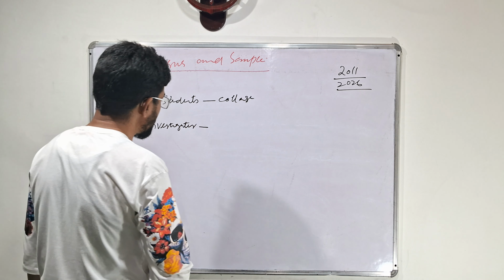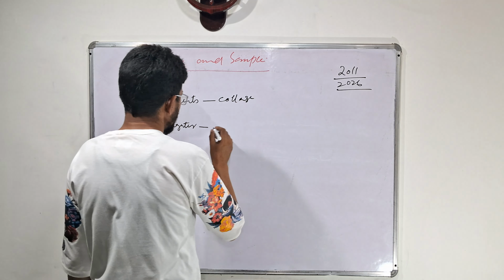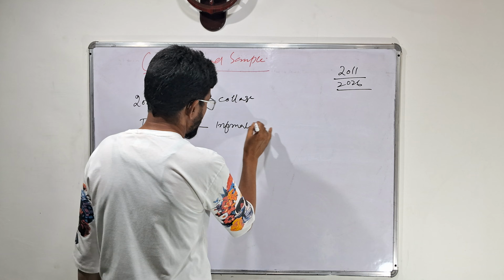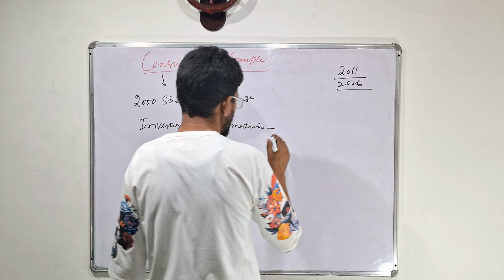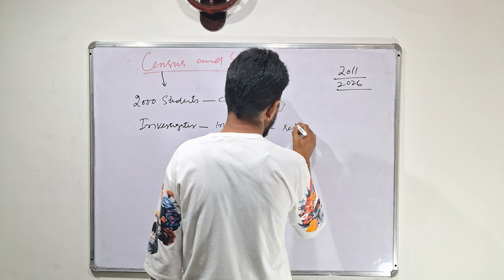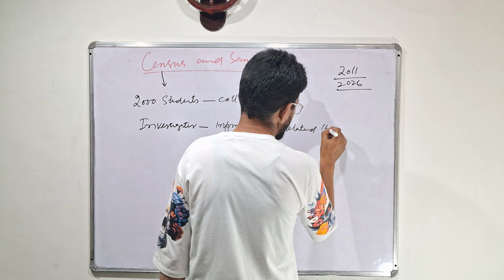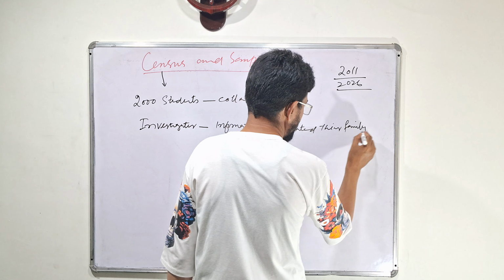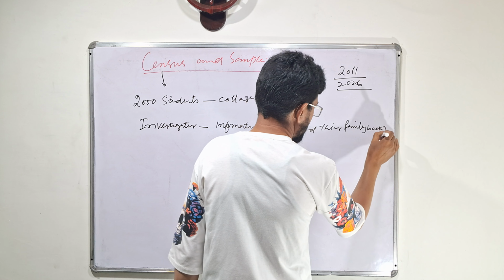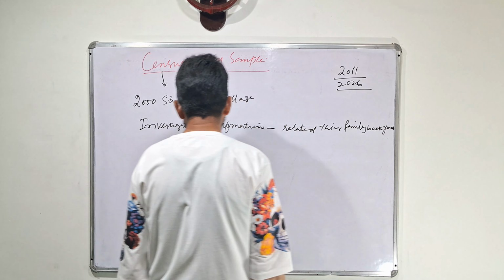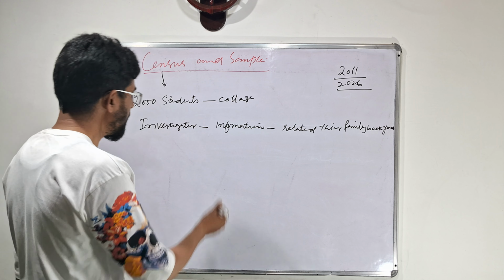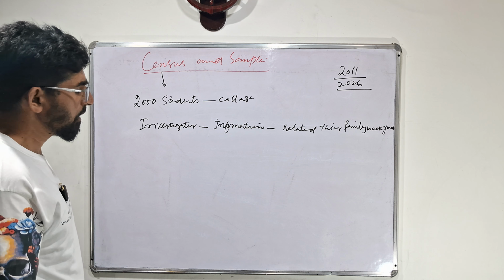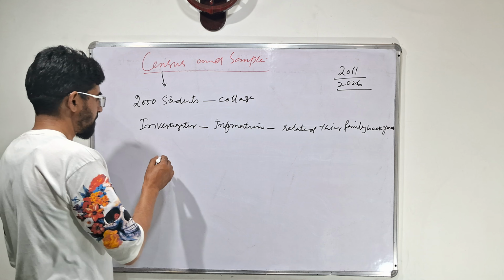For example, if an investigator has collected information related to their family background, he can do it in two ways.